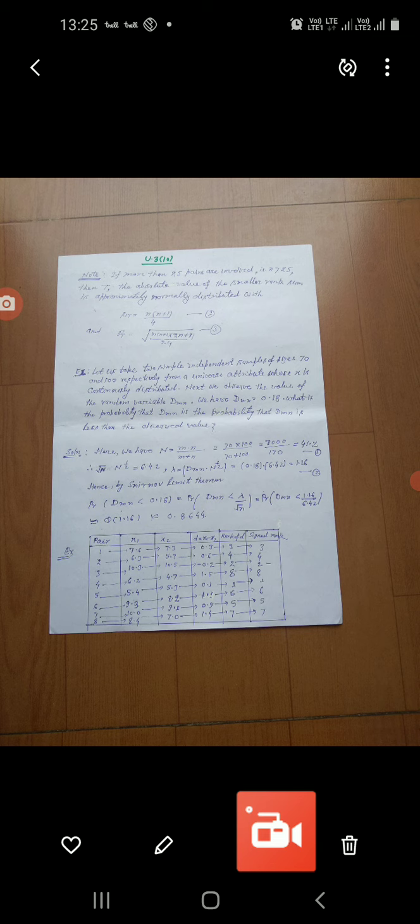So this is the rank of the differences allotted, that is 3, 4, 2, 8, 1, 6, 5, 7. Now we have the signed ranks, in the same way 3, 4, minus 2, 8, 1, 6, 5, 7.